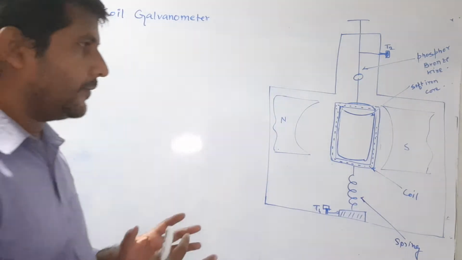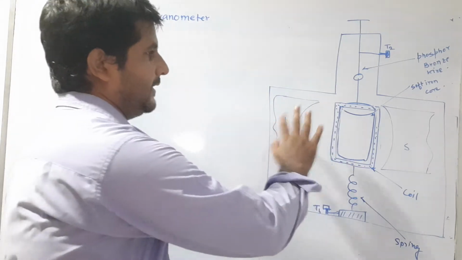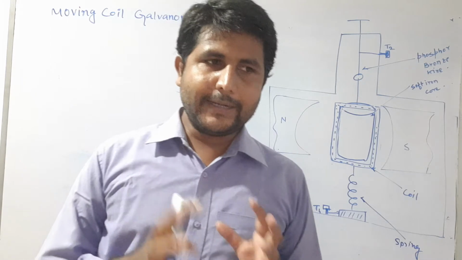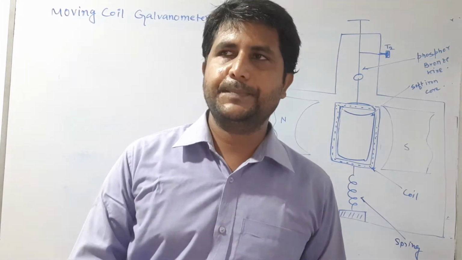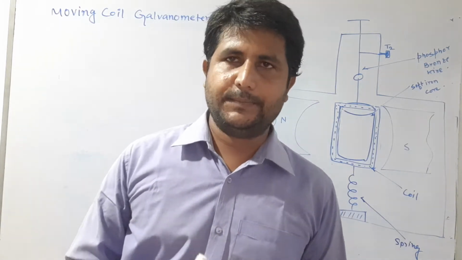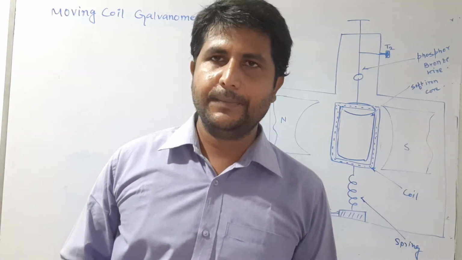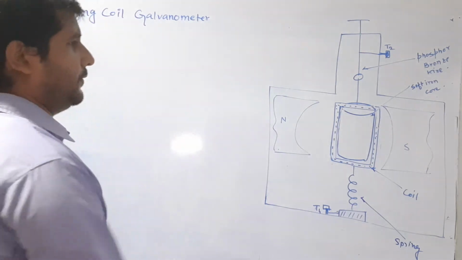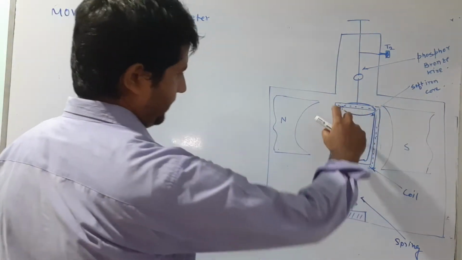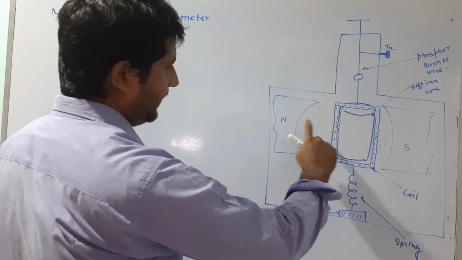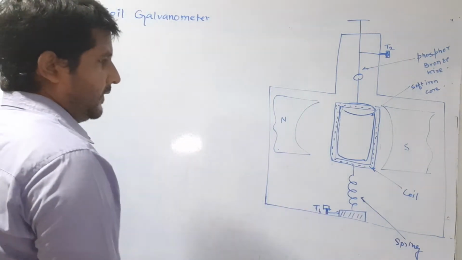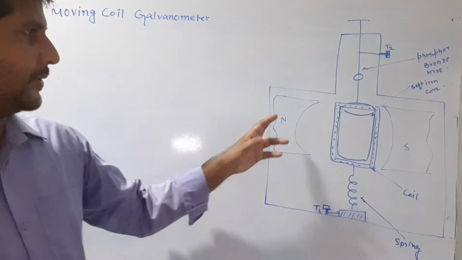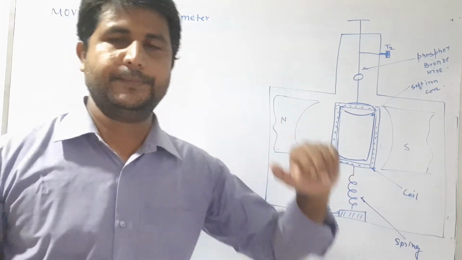So what happens when we put this coil into this magnetic field? We already know that when a current carrying loop is placed in a magnetic field, it experiences a torque, and the value of the torque is tau equal to NIAB sin theta. When we place this current carrying coil into this magnetic field, the magnetic field lines passing from north to south tend to concentrate into this soft iron core.